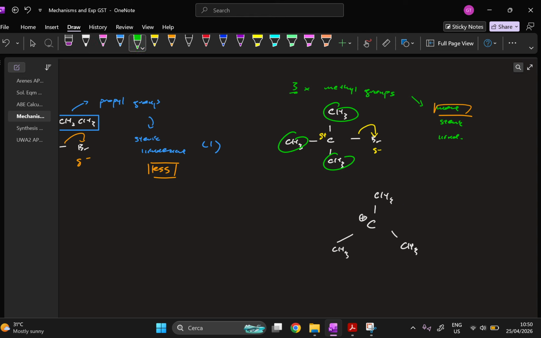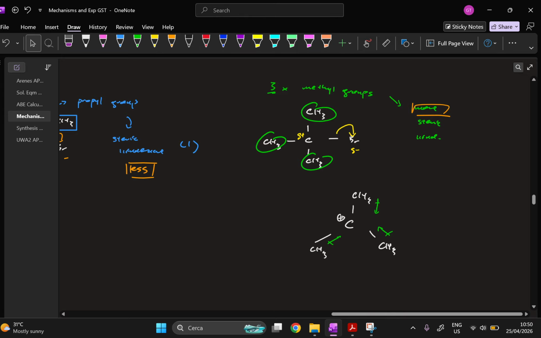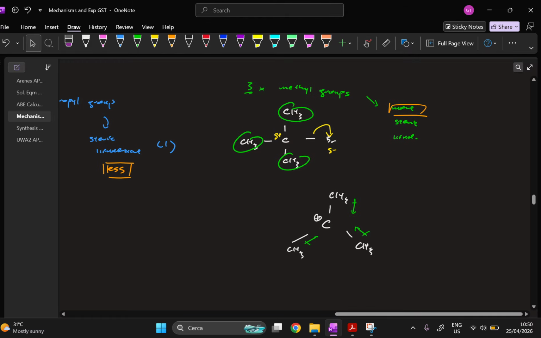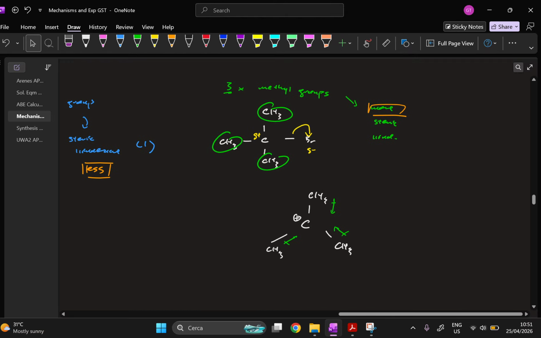Now, we know what is the property of alkyl groups. They are electron donating. So obviously, we are very familiar with this idea from alkenes when we were doing electrophilic addition, that a tertiary carbocation is much more stable because it has 3 alkyl groups to donate electron density to the electron deficient carbon atom, and therefore this will actually disperse the positive charge.